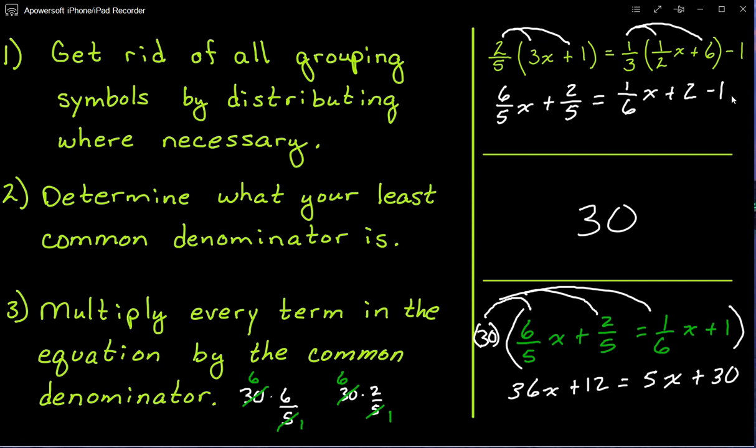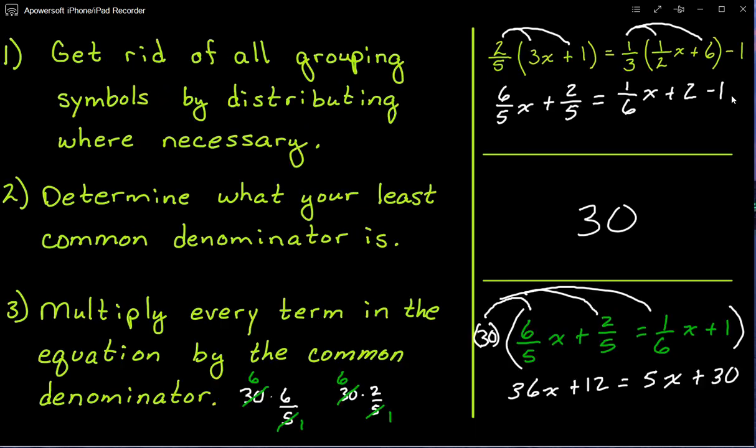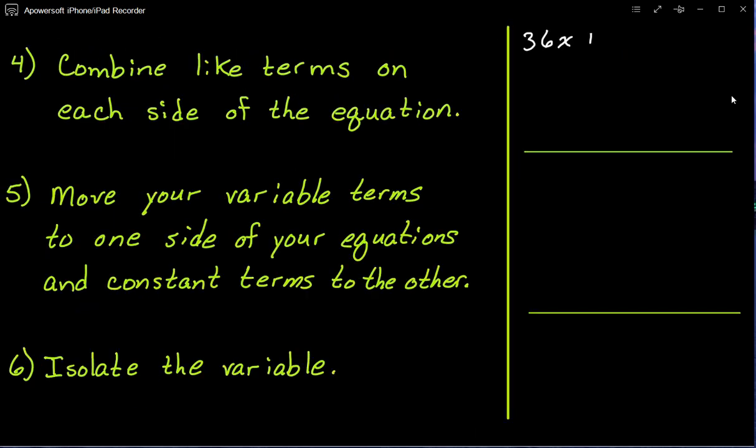We can now just go forward and solve this like we normally would. Alright, so we had 36x plus 12 equals 5x plus 30.